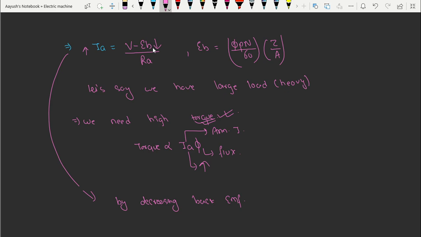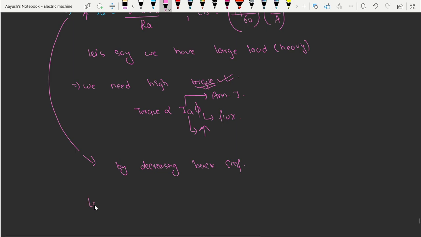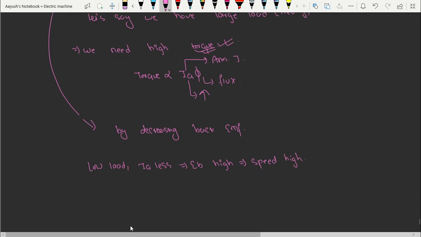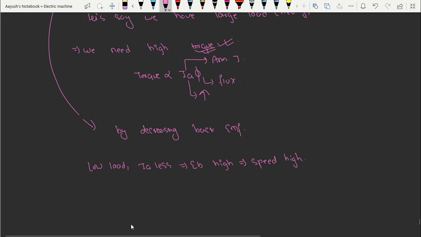So it can adjust its speed looking at the condition of the load, and similar is the low load case. At low load IA would be less, IA being less means EB would be high, and EB being high means speed would be high. So in this way it acts as a feedback mechanism.